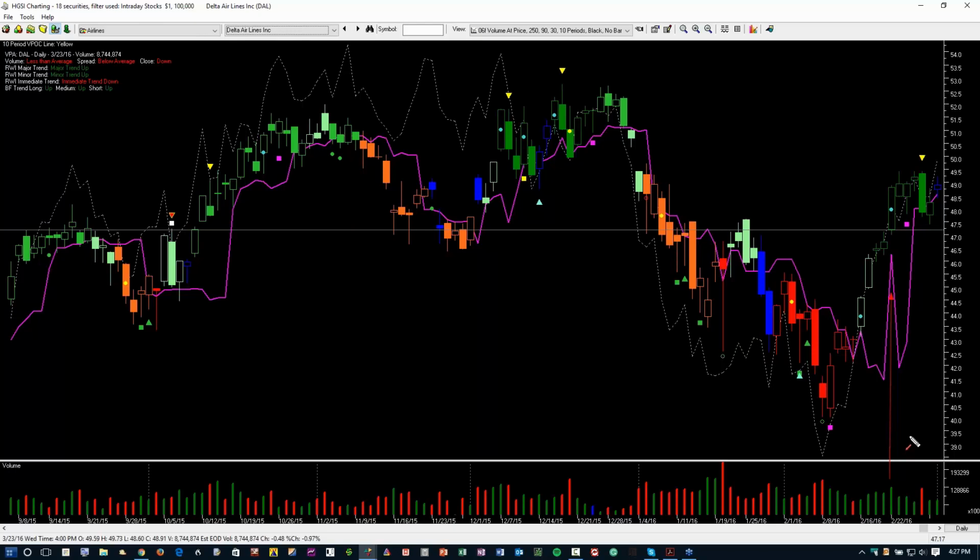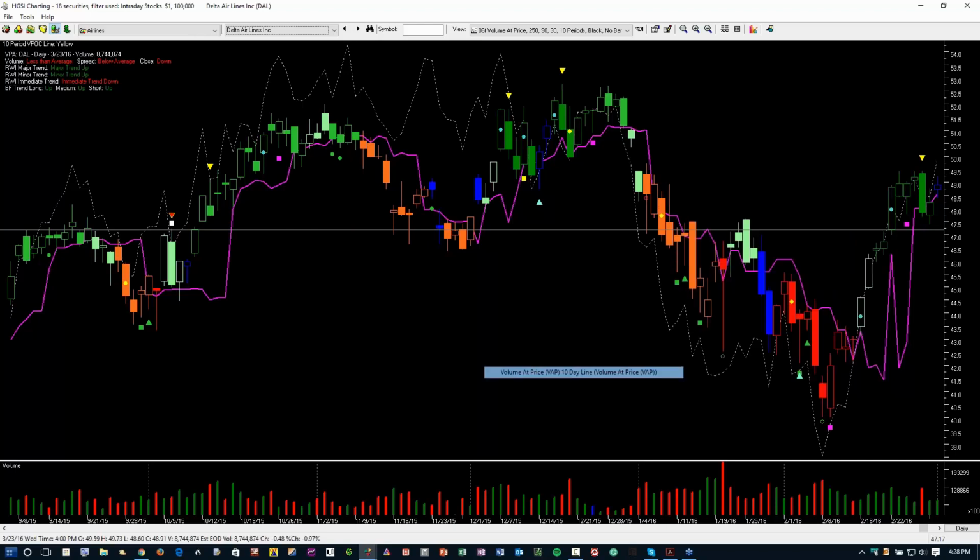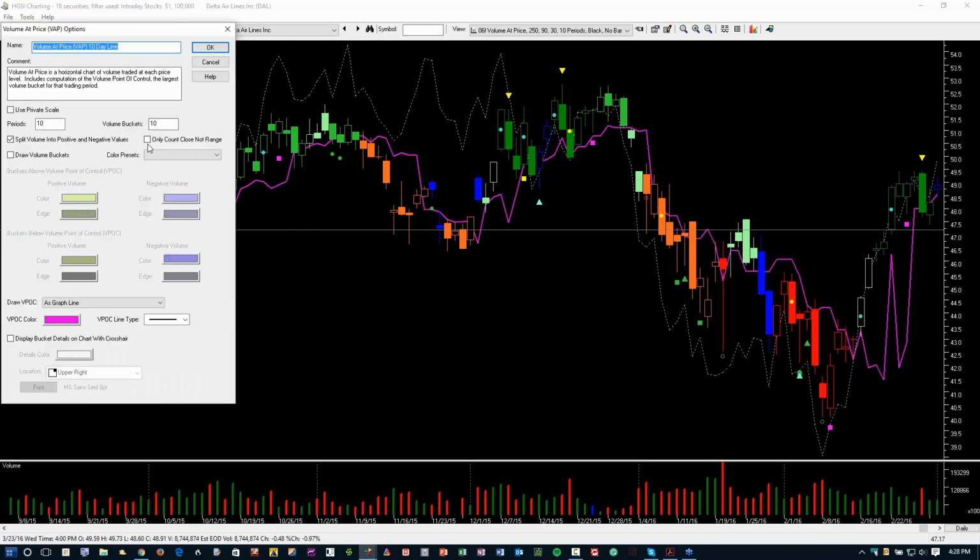The full amount of the volume is added to every single bucket the price crosses that day. And so you can end up with spikes like this, because that big volume gets contributed to a whole lot of buckets.